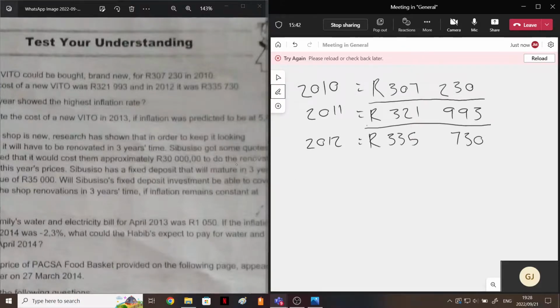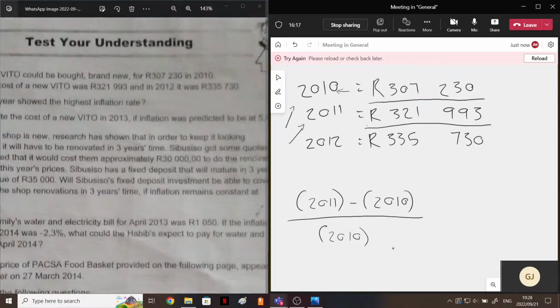If we are comparing 2010 to 2011, and I'm asking you what the inflation rate was from 2010 to 2011, all we're going to do is take the amount from 2011, subtract the amount from 2010, divide that answer by the previous year, so the first year, which is 2010's price, and this entire thing we're going to multiply by 100, seeing as though we're working with percentage.